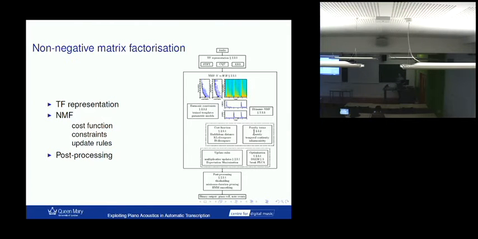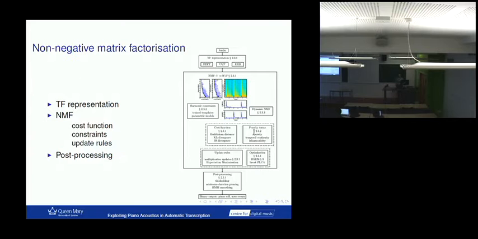This part is about the techniques we used. It's based on non-negative matrix factorization. To build an NMF-based transcription system, you have to have a time-frequency representation. The options are the STFT, CQT, and ERB.